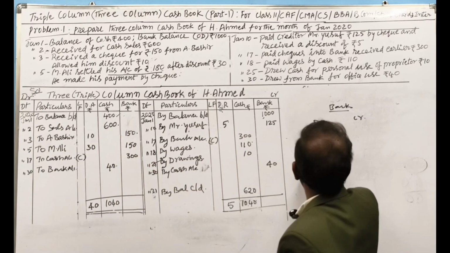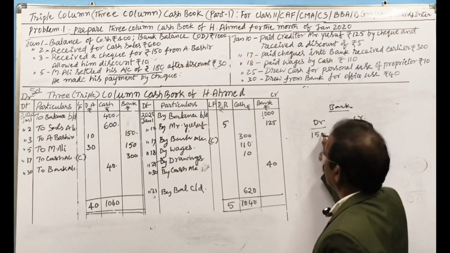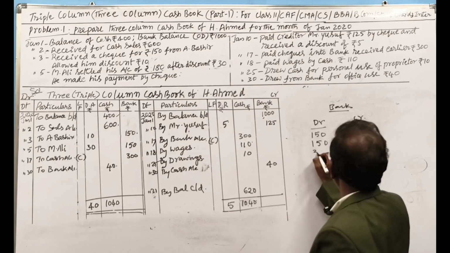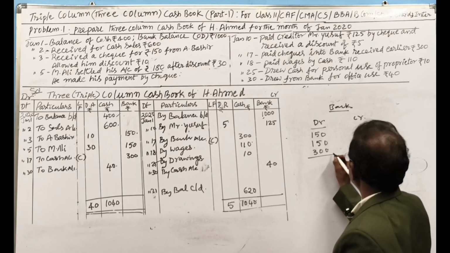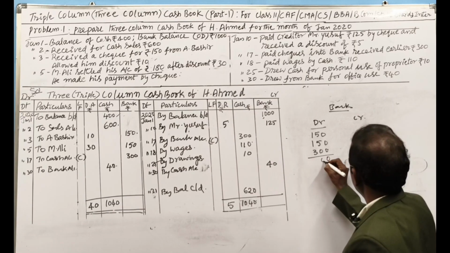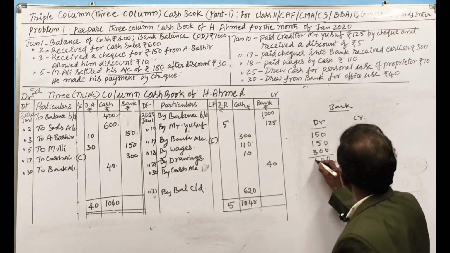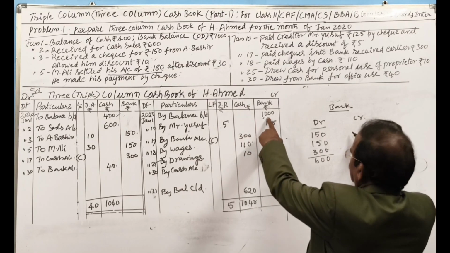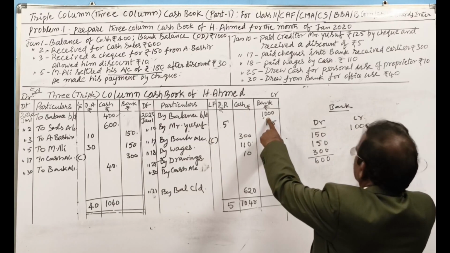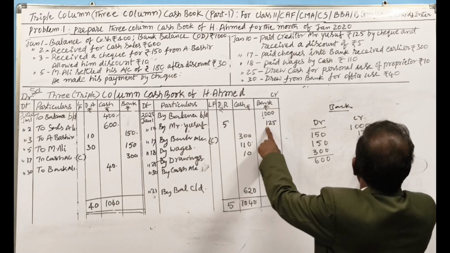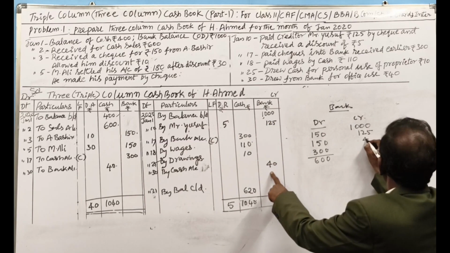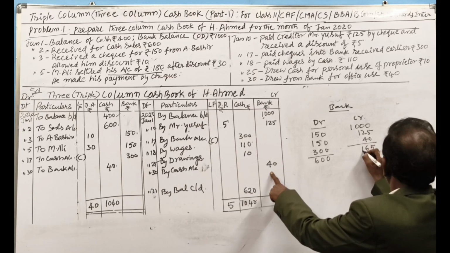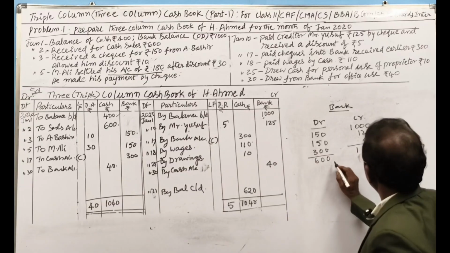First you write the amounts. 150, again 150, again 300. What is the total? 600. Credit side also you have to take. 1000, 125, 40 rupees. The total is 1165.